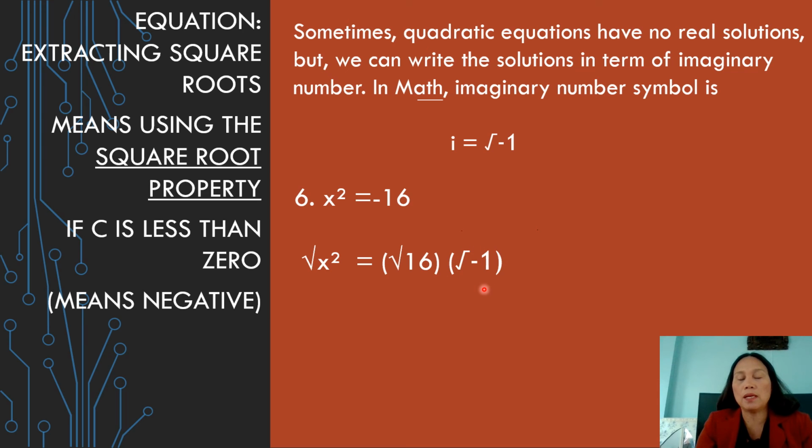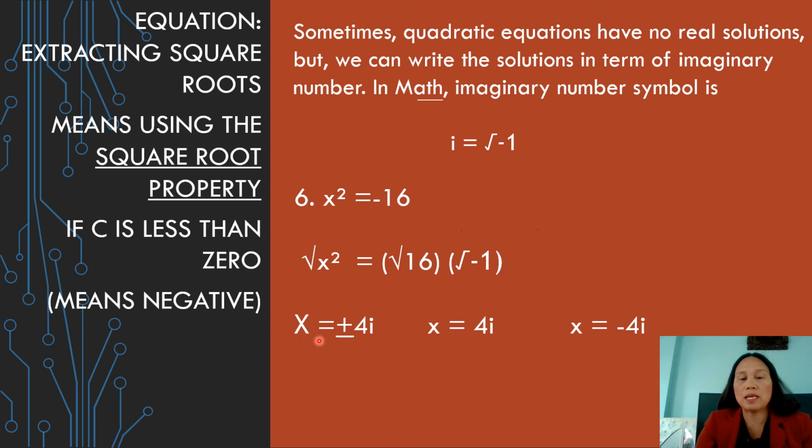times the quantity square root of negative 1. You notice positive 16 times negative 1 is still negative 16, right? So we have here square root of negative 1, and we can extract the square root of positive 16 only. The square root of positive 16 is positive and negative 4.